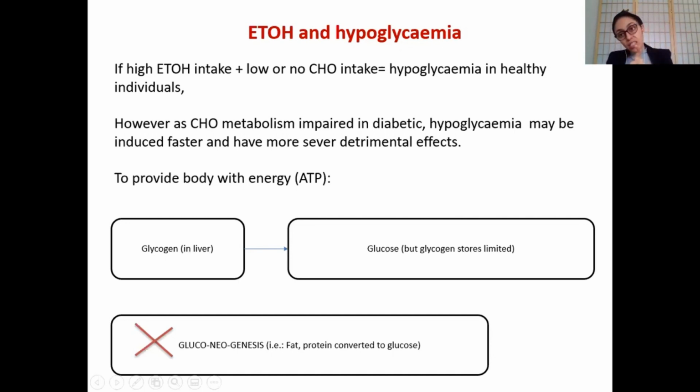Lysis means breakdown, so glycogen is broken down to glucose. But remember, these are limited stores. Then can gluconeogenesis happen? No, it cannot. Once your glycogen stores are finished, that is when the person starts going into hypoglycemia.